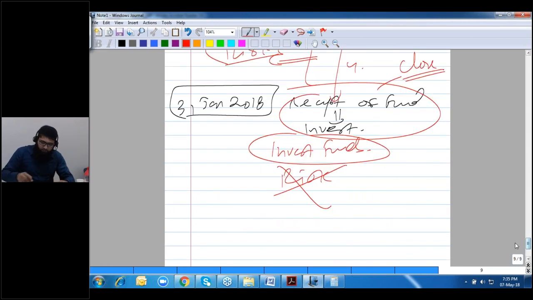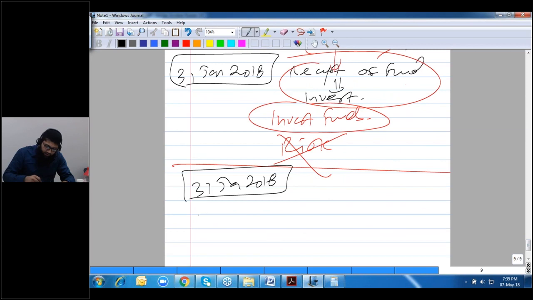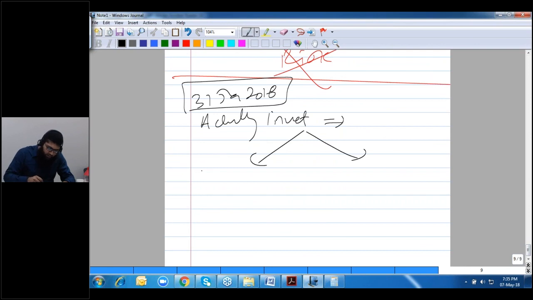Now let's talk about how exactly this is going to function. On 31st January 2018, you are going to invest the funds, and the investment is going to be either at base rate plus 1.1% minus 0.3%, or base rate minus 0.6% minus 0.3%.